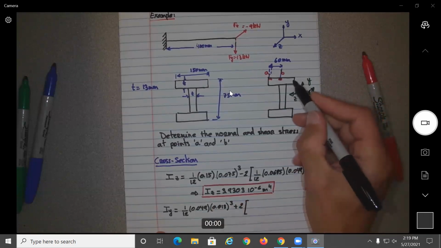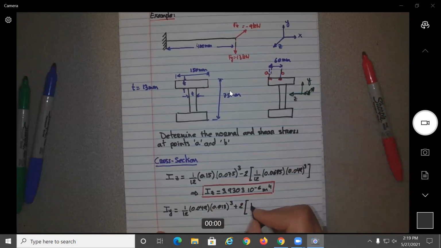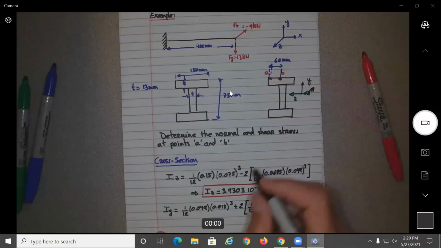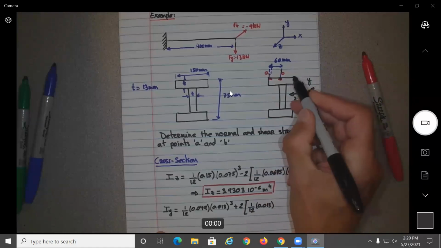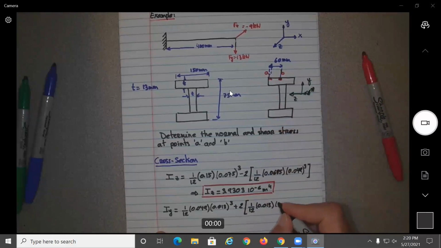Plus now we're going to do the moment of inertia of the top and the bottom piece. So that would be what? 1/12. What would be the base? It would be the thickness, 0.013. And what would be the height? It would be the 150 millimeters, which is 0.15 meters, cubed.